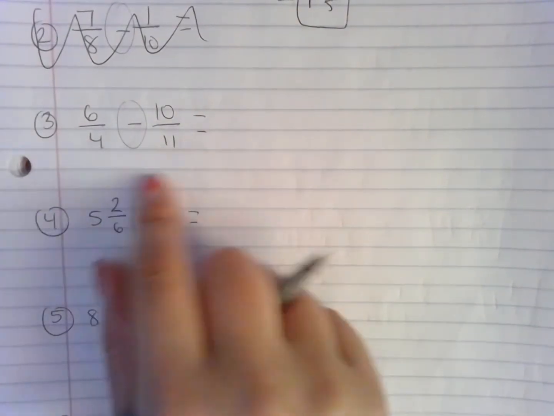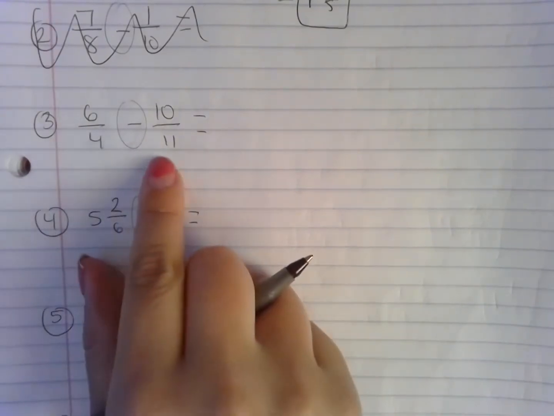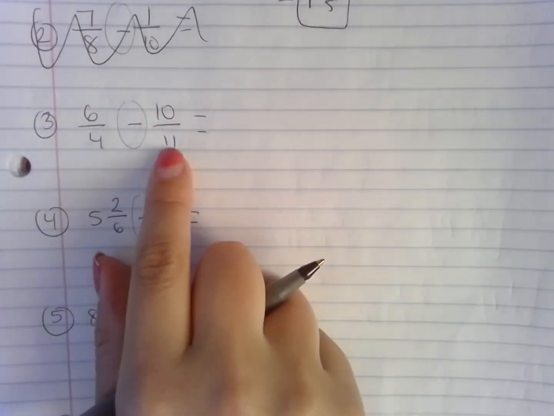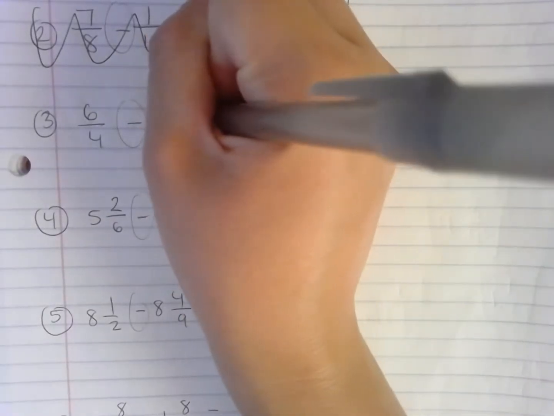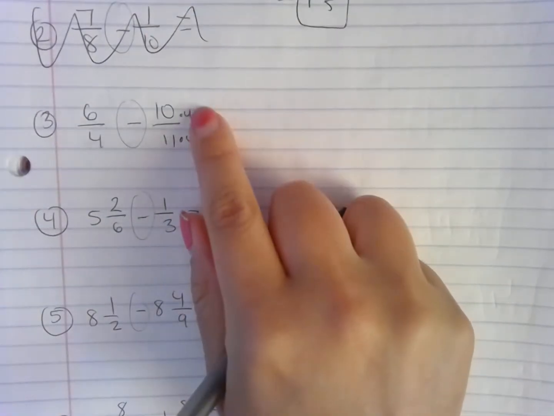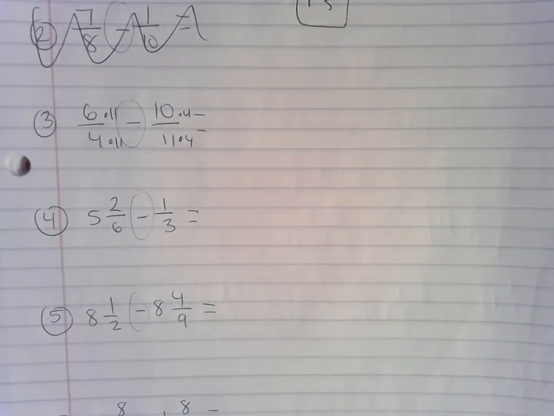For number 3, it's the same idea. Now, if you are really good with your multiples, you should realize that they meet at 44. So if they meet at 44, you know that you need to multiply by 4 on the denominator and 4 on your numerator, and 11 on my denominator and 11 on my numerator.